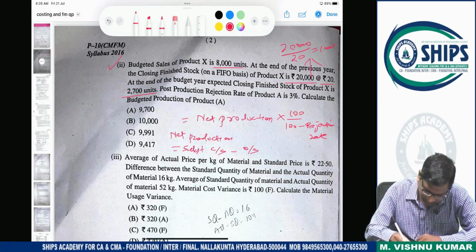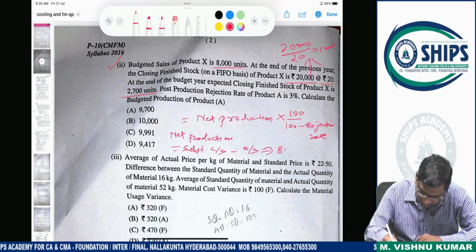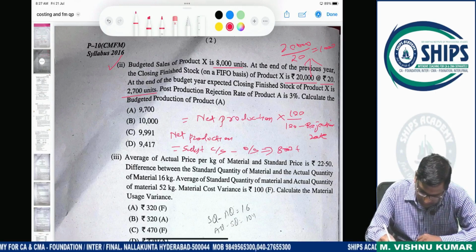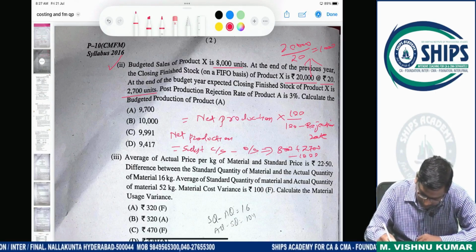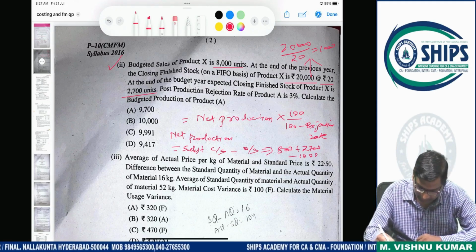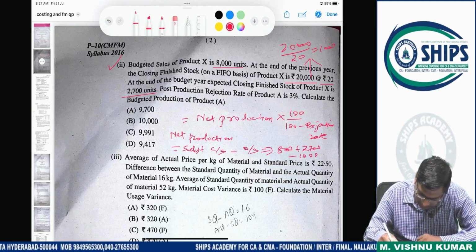So net production will be what? Very simple, 8,000 plus 2,700 closing stock minus opening stock 1,000. So this will be 9,700 coming.